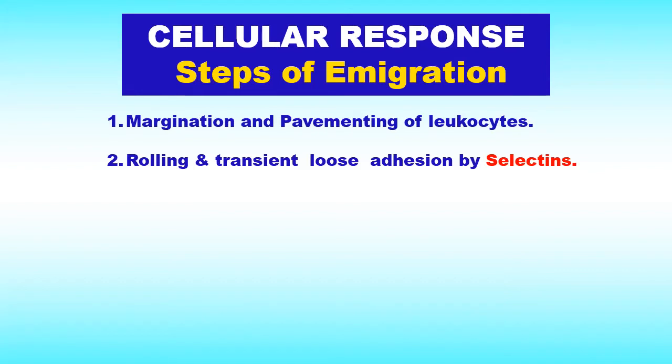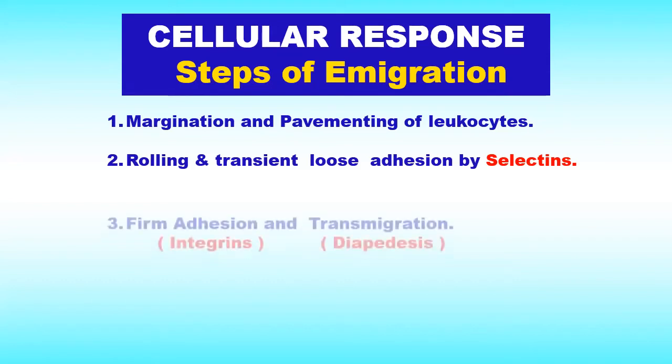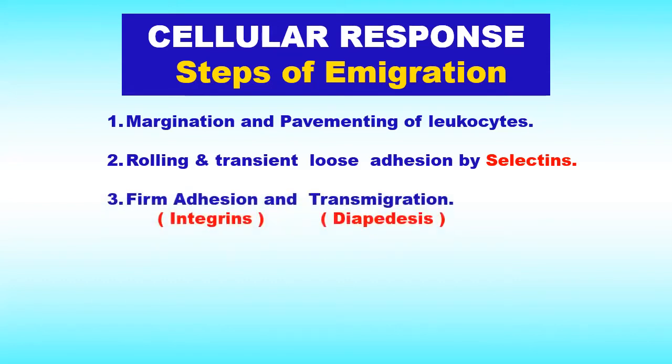Selectins cause a transient loose adhesion of neutrophils to the endothelial cells. Then firm adhesion of neutrophils to the endothelial cells by adhesion molecules, which are called integrins, on the leukocyte surfaces, followed by transmigration or diapedesis of neutrophils across the endothelial cells by amoeboid movement.